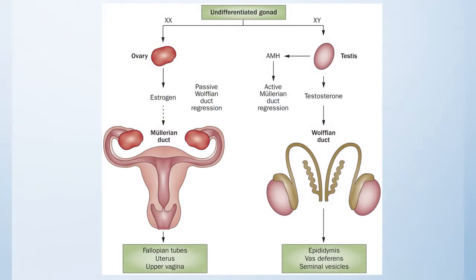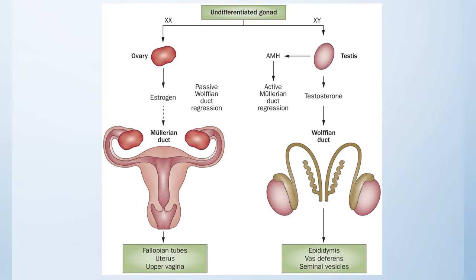From an undifferentiated gonad, if an ovum and a sperm combine and form XX, it means it's female. If it's female, you have no inhibition, so the female reproductive organs will develop: the fallopian tubes, the uterus, the upper vagina. If the fertilization produces XY, this is male, and you have the Y gene. The Y gene causes anti-Mullerian hormone to be produced.